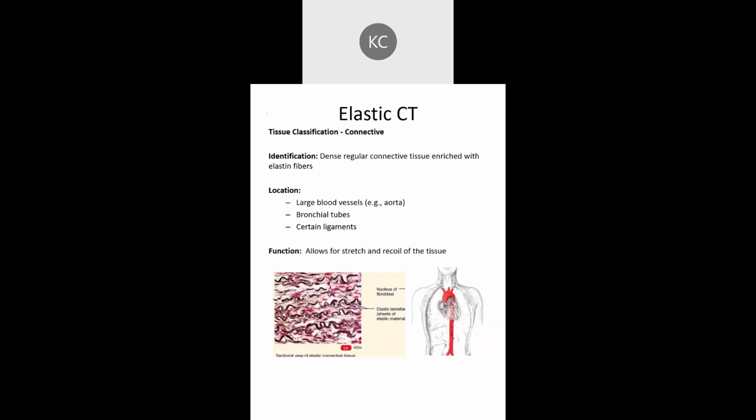Okay. We also find these in the bronchial tube. So think about as we're inhaling and as we're needing to increase the diameter of our airway in order to bring in more air, we can have elastin fibers with this elastic connective tissue help for this, okay? So it's allowing for stretch, but it's also allowing for recoil to return to shape.